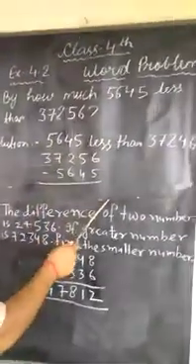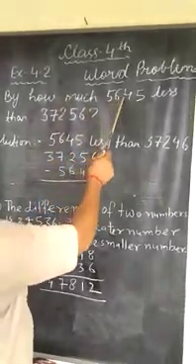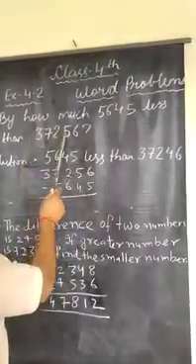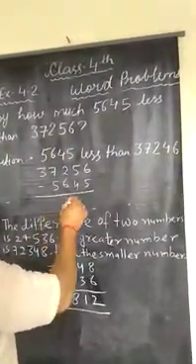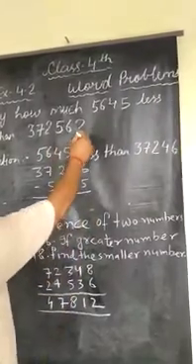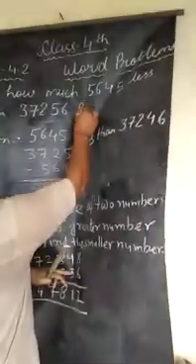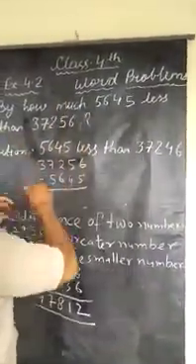Here the question is: by how much is 5,645 less than 37,256?